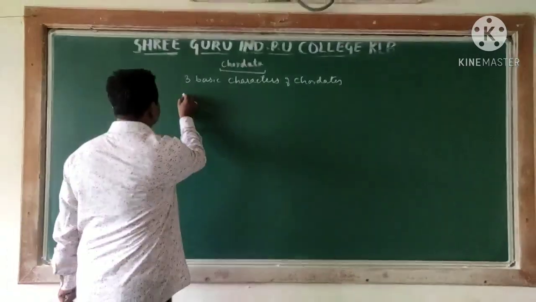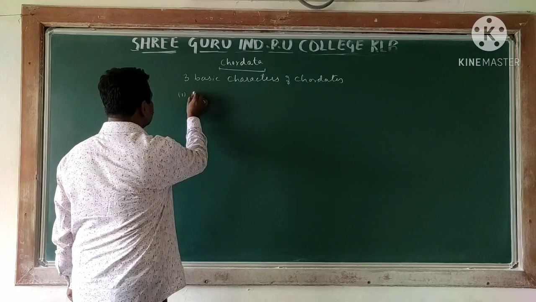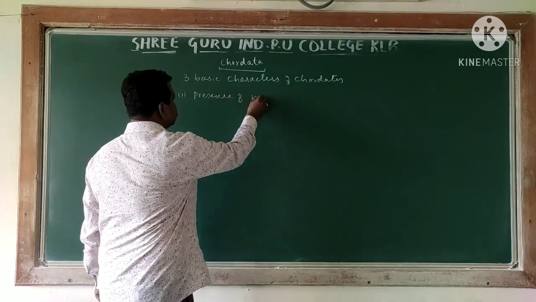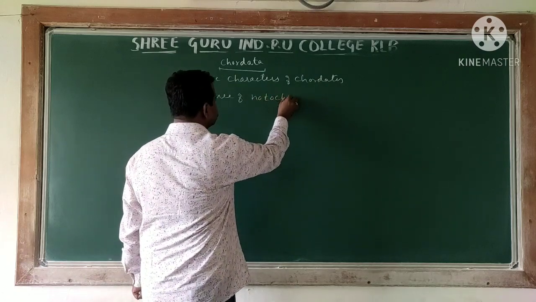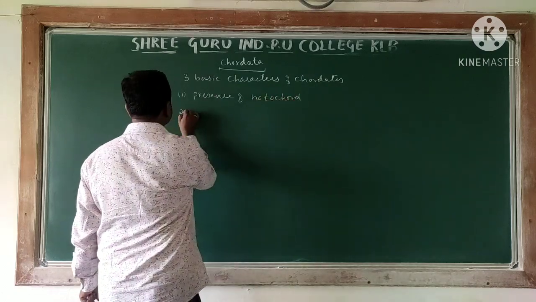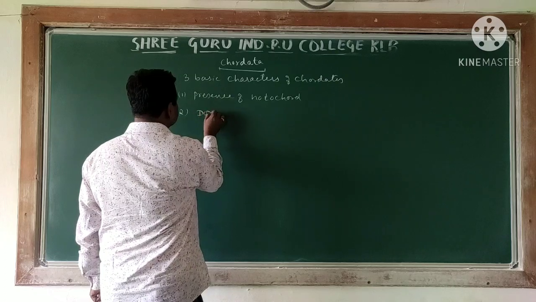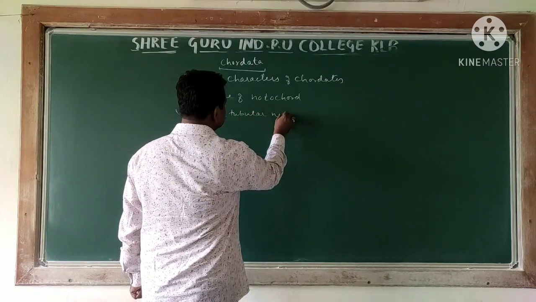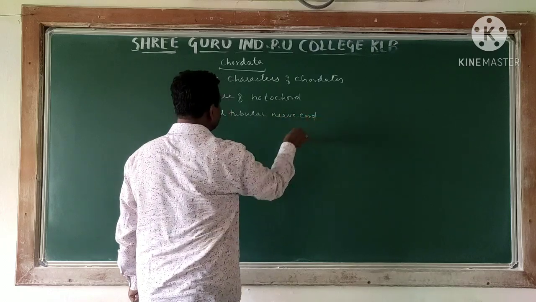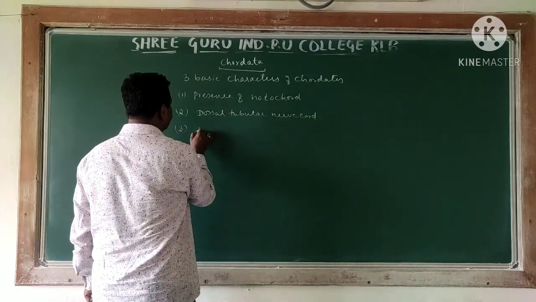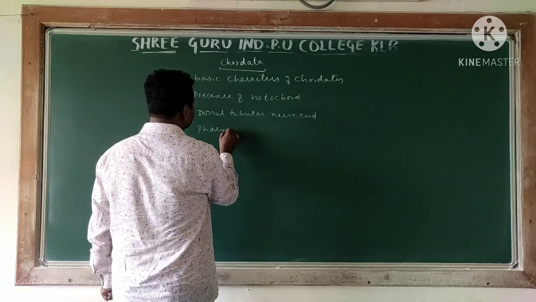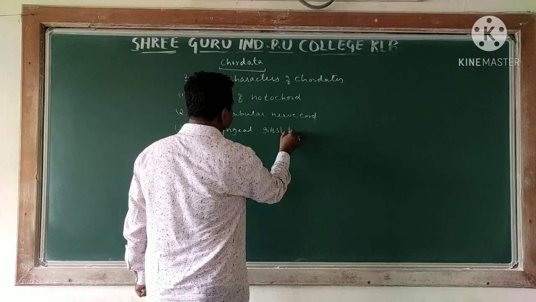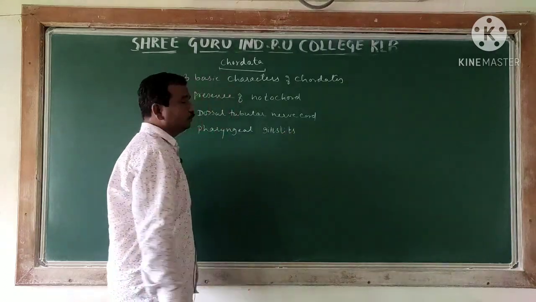Number one, the presence of the notochord; number two, the dorsal tubular nerve cord; and the third one is pharyngeal gill slits. These are the basic characteristics of chordates.